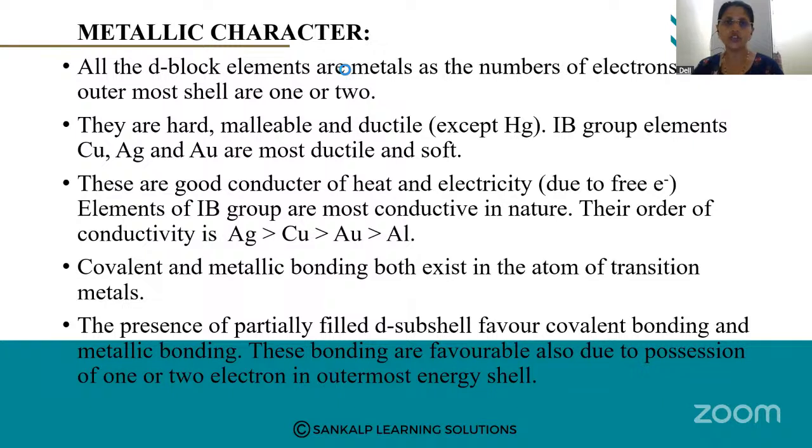One more point I just missed out to talk about: in the examples which we took, that is KMnO4 or K2Cr2O7, the structure of the potassium dichromate ion will be asked. First, the chromate ion. How many oxygens does chromate ion have?